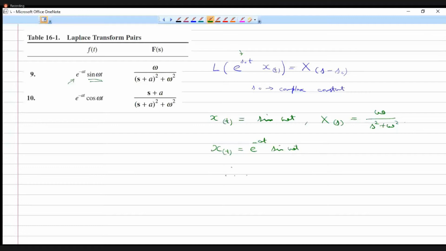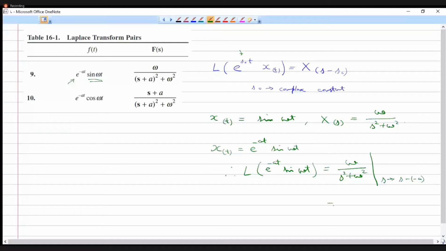Therefore, Laplace transform of e power minus at sine omega t is equal to omega by s square plus omega square, where s is to be replaced with s minus minus a, right?